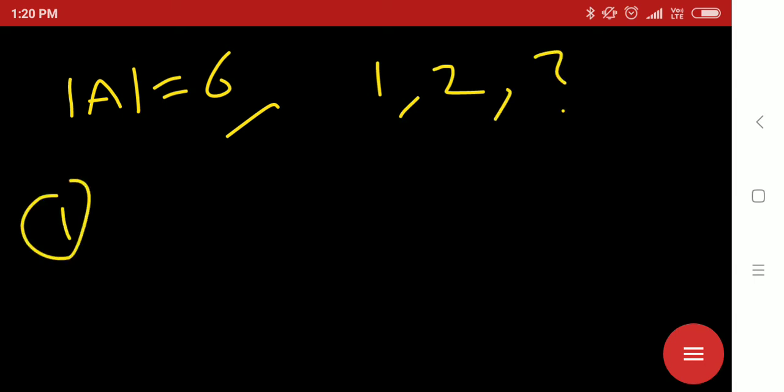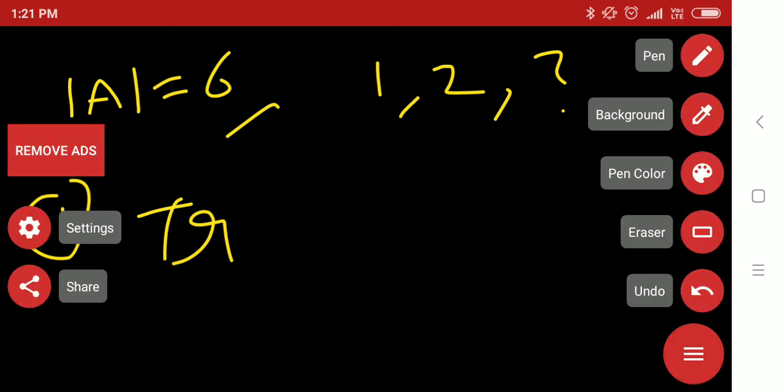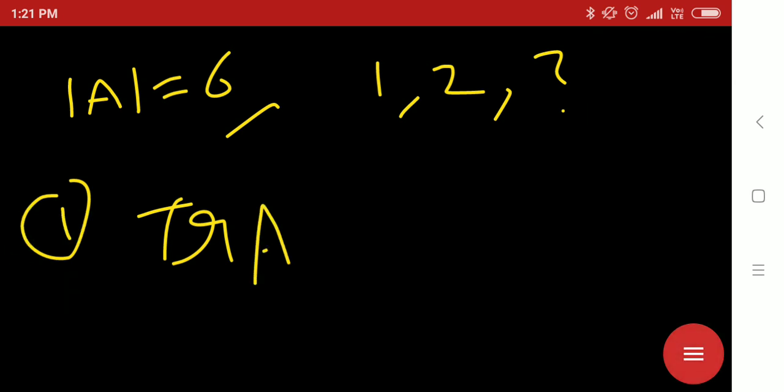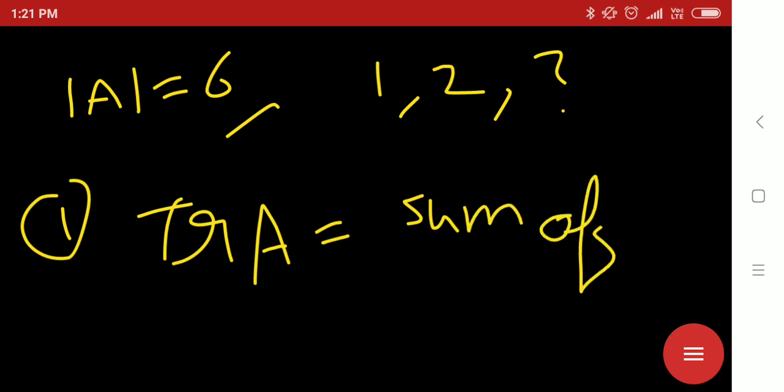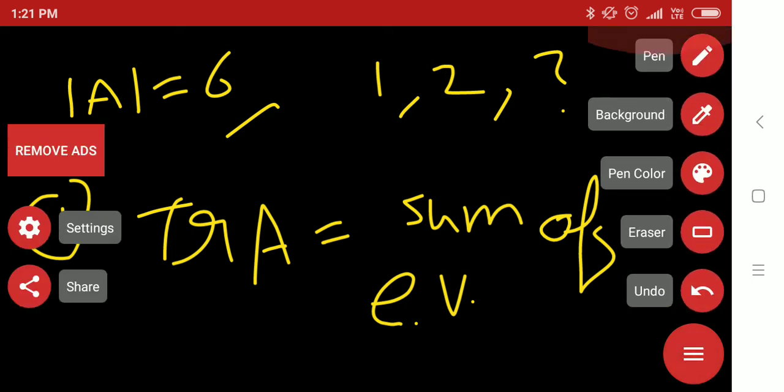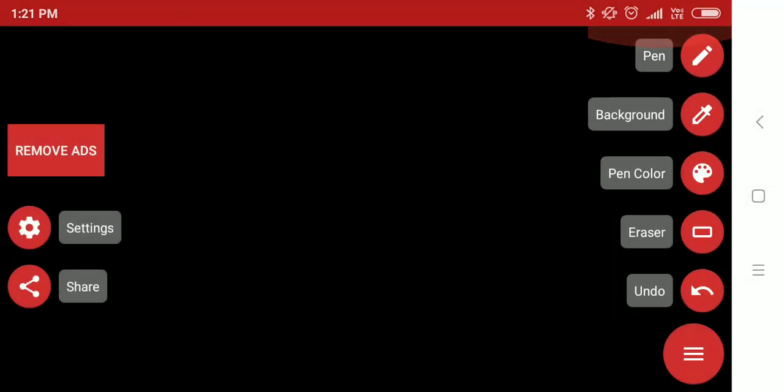First of all, we have to know a property of the matrix. What is the property? The trace of the matrix equals the sum of the eigenvalues.